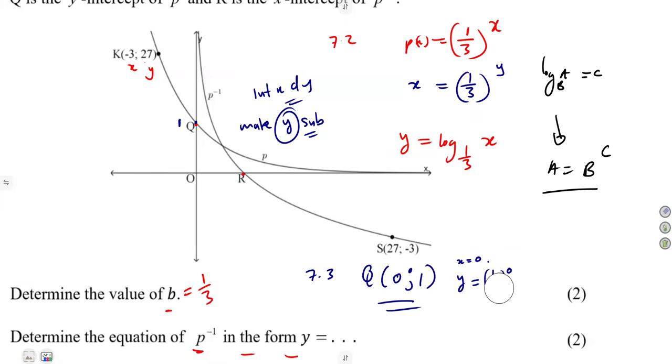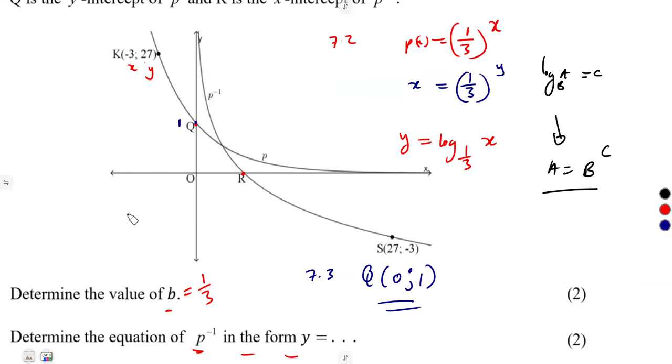So that's our Q. Then R, remember that R there is the x-intercept of the inverse of P. And we do understand what happens. Yes, we can find that by substituting y is equal to 0, but what is the idea? This is a reflection in the line y is equal to x, where you simply swap the coordinates. So to find R there, simply swap the coordinates that we have. The y-intercept is the one that changed to be an x-intercept.